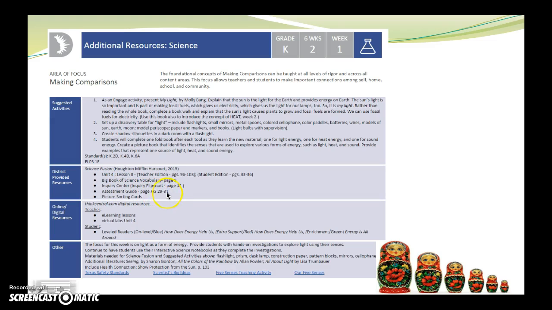Assessment guide, which pages to use, and your picture sorting cards, which is an activity you can do in your classroom with your students. Plus, it breaks down the virtual labs that you're able to use for that particular unit or lesson that you're teaching. So, pull up your curriculum map and take a look at your additional resources. The Science Department purchased Science Fusion, and it is used within our instruction.